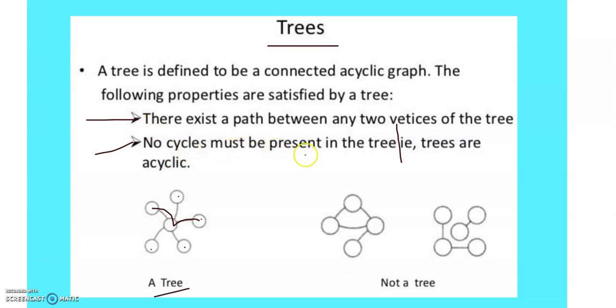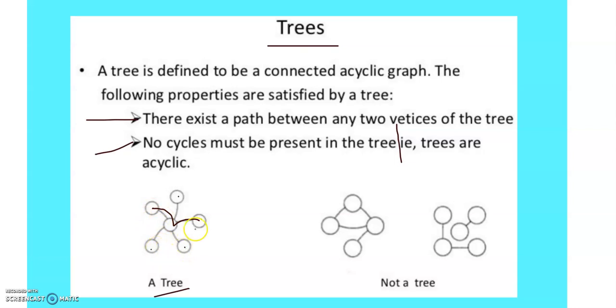See the second condition. No cycles must be present, which means no cycles must be present in the tree. Here you see no cycles. Suppose I have one edge from here to here, then that will form a circuit or cycle like this. Suppose here there is an edge, but no edge here, so no cycle.